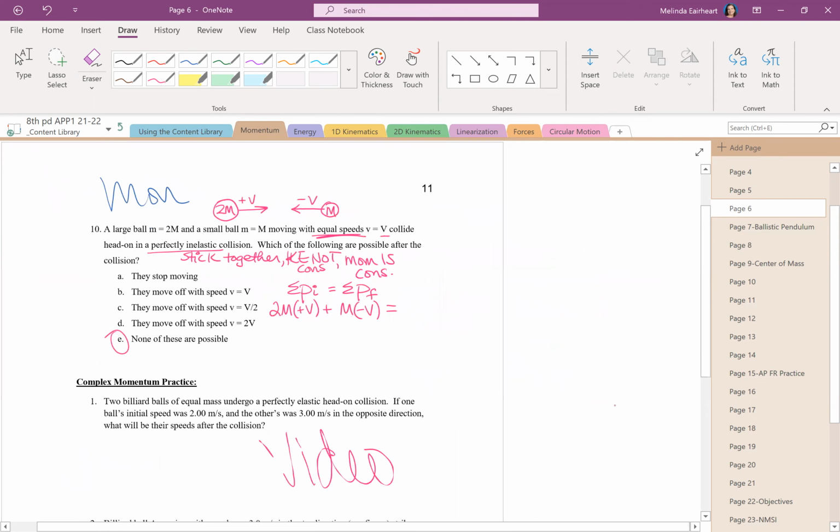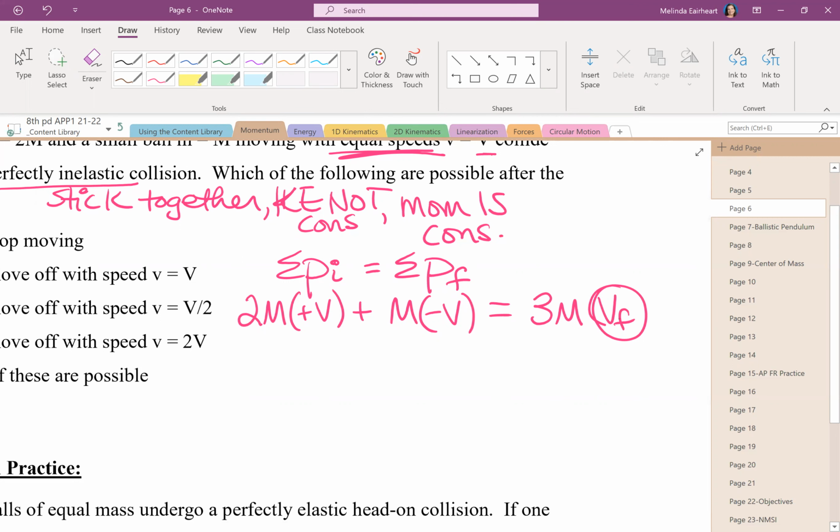On the left-hand side, I get 2mv minus 1mv. What remains on the left? 1mv equals 3m times v final, which is what we're looking for.